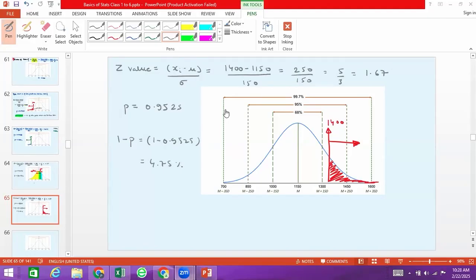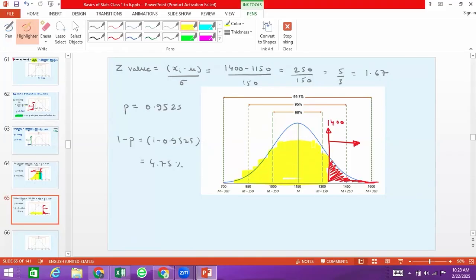Any question? Puneet, I didn't get why you're doing 1 minus. Yeah, so it is saying 95%. So can this shaded region be 95%? No, right? This shaded region that you see cannot be 95%. So the thing is that the Z table always gives you the area for less than. So this 95 that you see is this area.